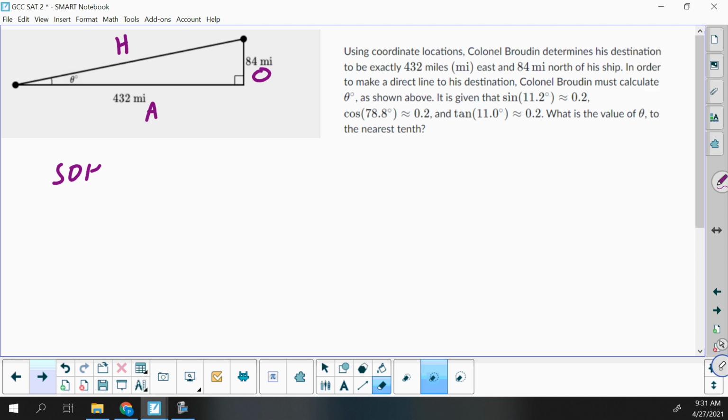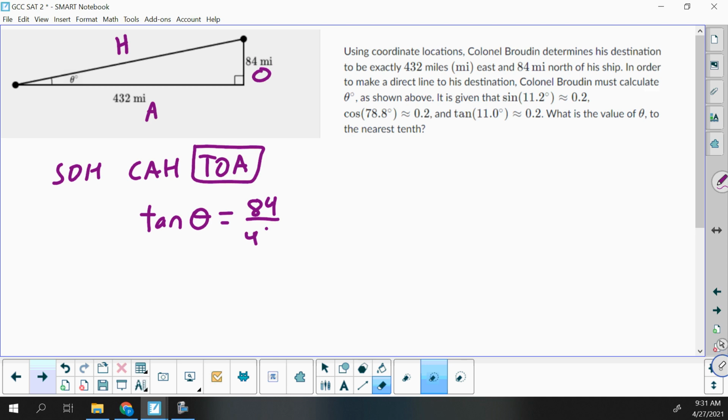So based on our SOHCAHTOA, we want to use tangent. So we'll have tangent of theta is equal to 84 over 432. So if we look here, there's only one tangent one, so we're probably going to end up working with this. Take a second, do 84 divided by 432 on your calculator, and get it in decimal form.